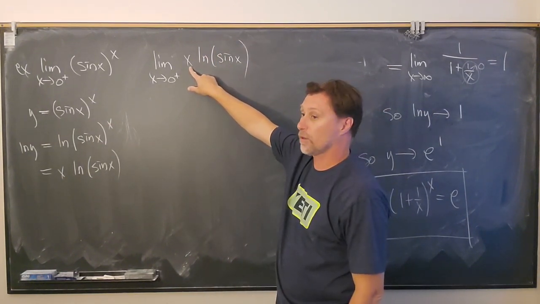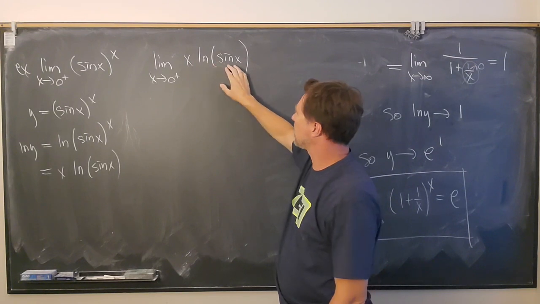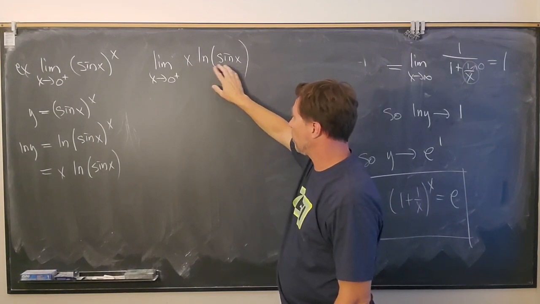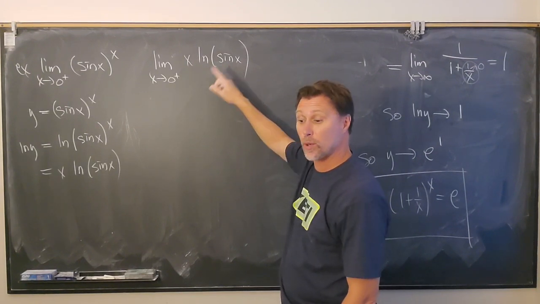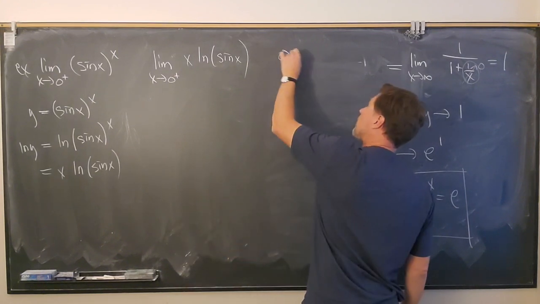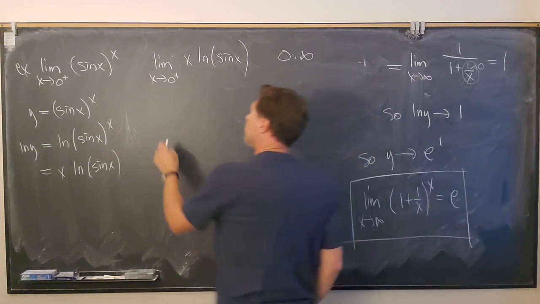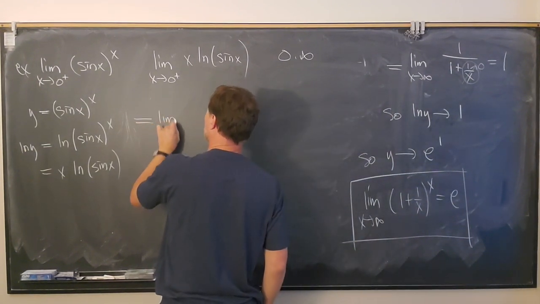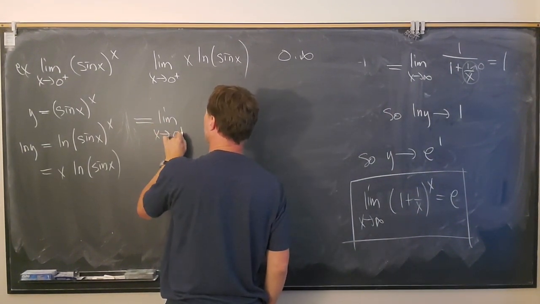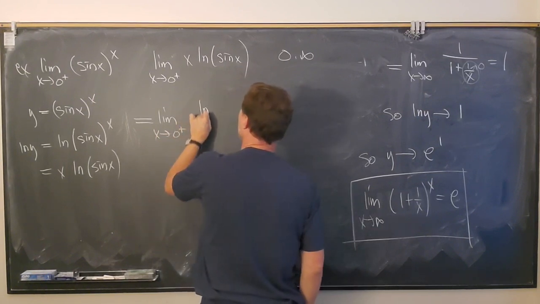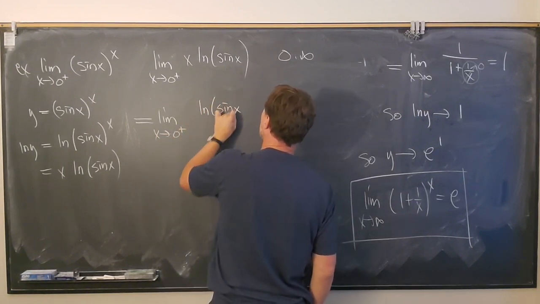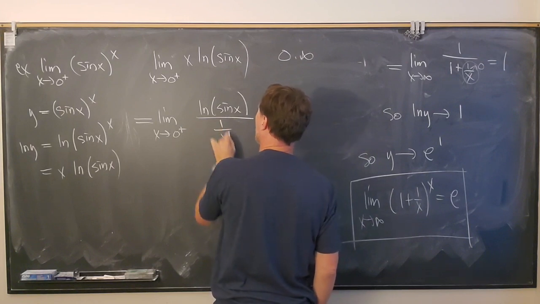X is approaching 0. Sine x is approaching 0, which means that natural log of sine x is approaching minus infinity. So this is indeterminate of type 0 times infinity. So we then divide by the reciprocal, as we learned. So that'll be natural log sine x divided by 1 over x.